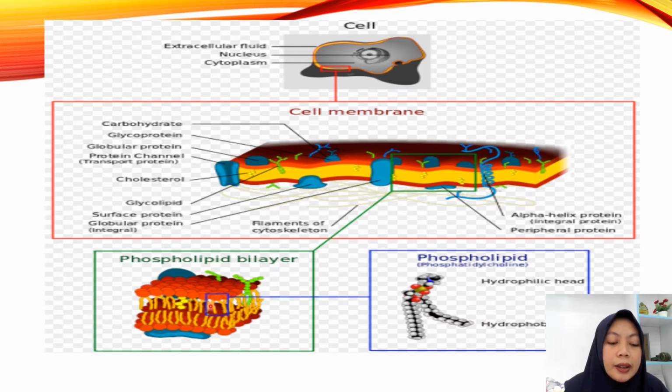And then the tail is what we call the hydrophobic tail, which is non-polar fatty acids. So it does not interact with water molecules. So they say it's hydrophobic, so phobic, afraid of water.